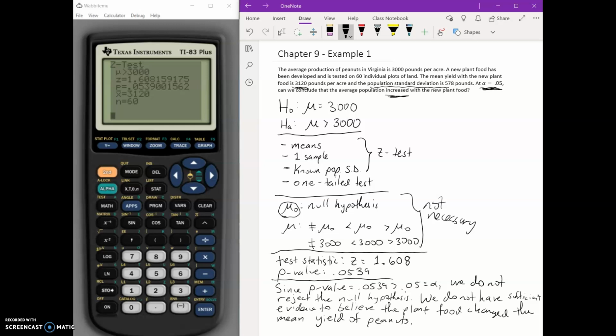So if you were a scientist running experiments and you got a p-value of 0.0539, you probably want to try doing a larger study to see if we can be more convinced by taking more samples. But these are the necessary steps for hypothesis testing, and I'll go through a couple more examples of what if we have different types of tests, what if we're given different types of information.